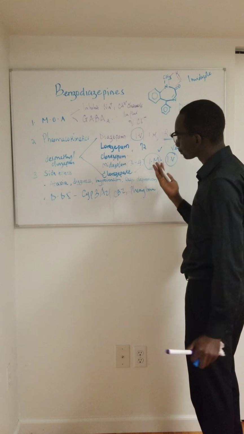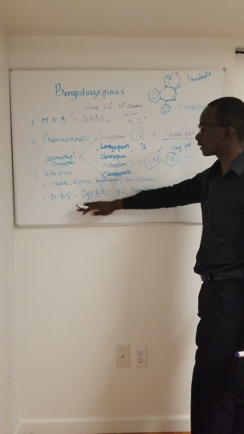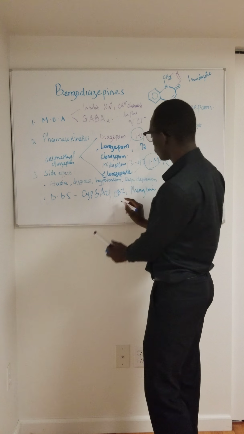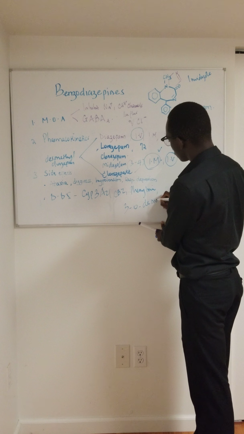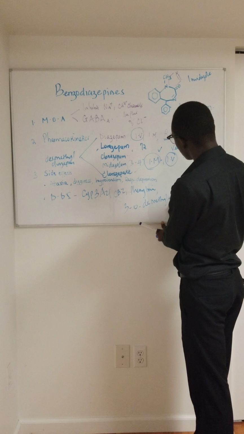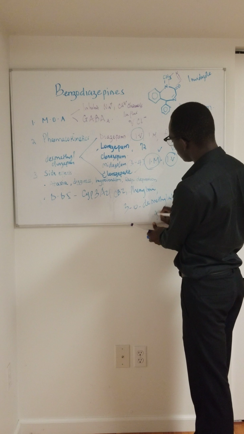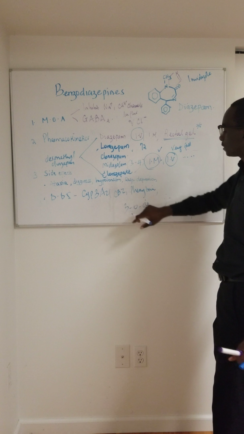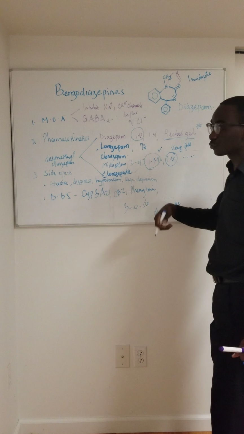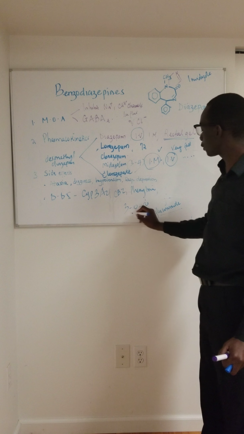Another thing to watch out for is lorazepam, which may not be affected by this. It does not undergo this enzyme activity, but it is excreted by addition of the glucuronide group, the 3-O-glucuronide.